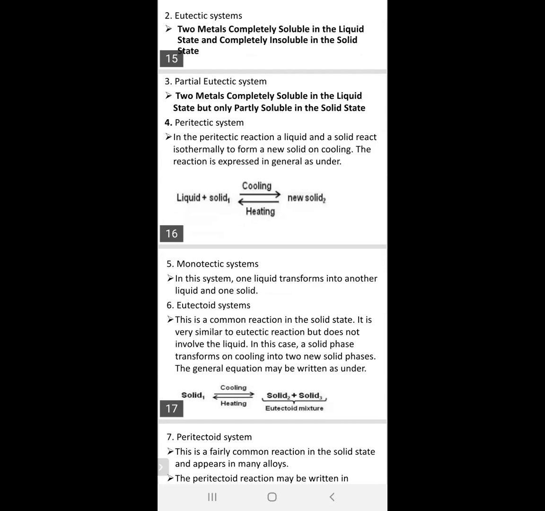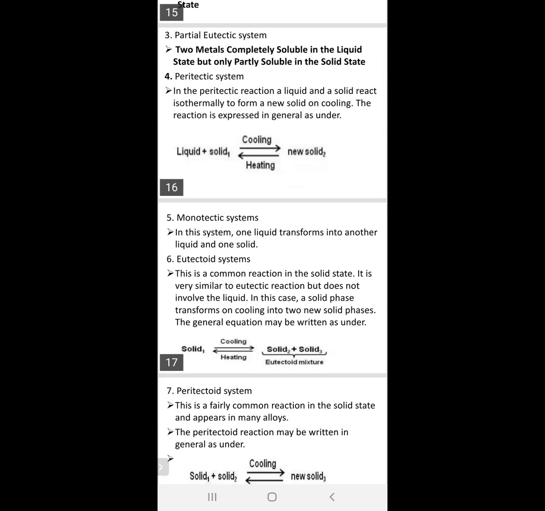The reaction is expressed in general as liquid plus solid 1 gives, on cooling, new solid 2. Vice versa, when you heat the solid, it gives liquid and solid 1. This is the peritectic.